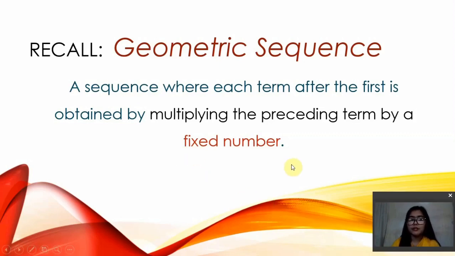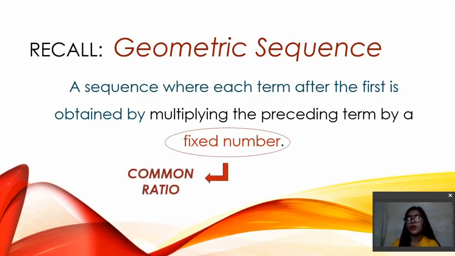So, ang fixed numbers na sinasabi dyan ay yung common ratio. Okay? So, kung sa arithmetic sequence, ang tawag dun sa constant na ina-add sa bawat term ay common difference. Sa geometric sequence naman, ang tawag sa kanya ay common ratio. Okay? So, tandaan yan. Common ratio.